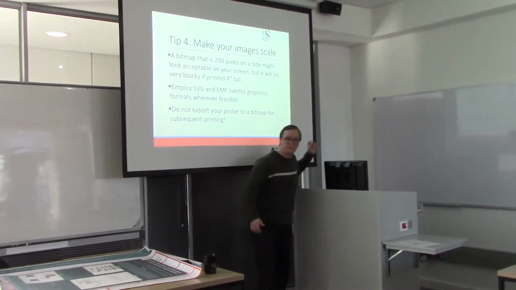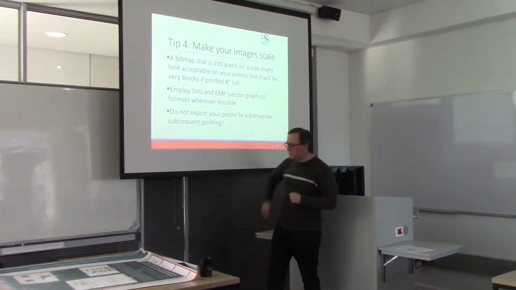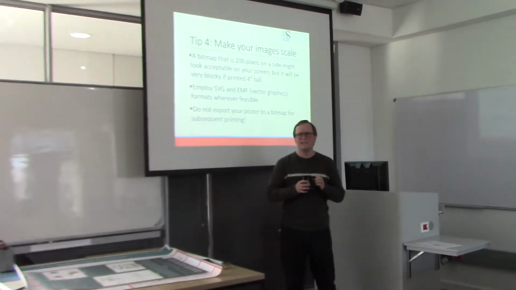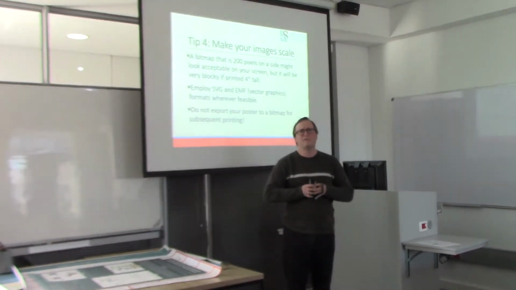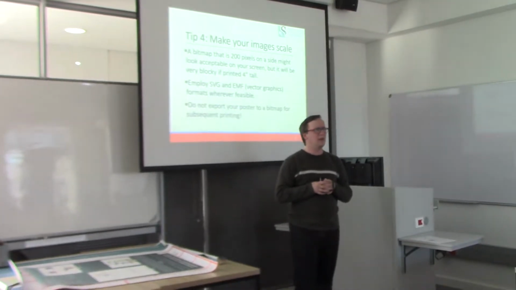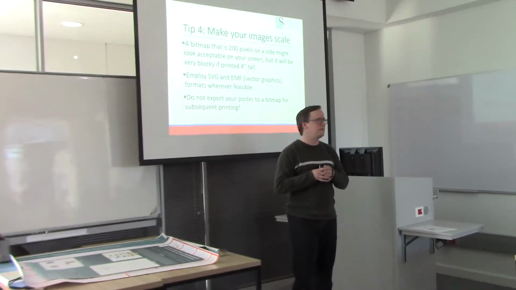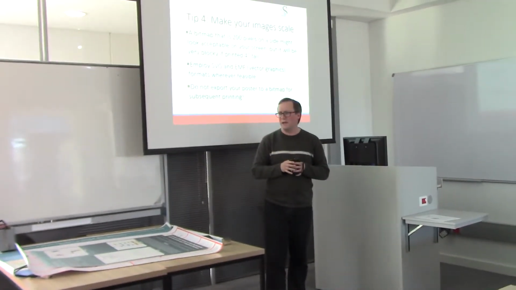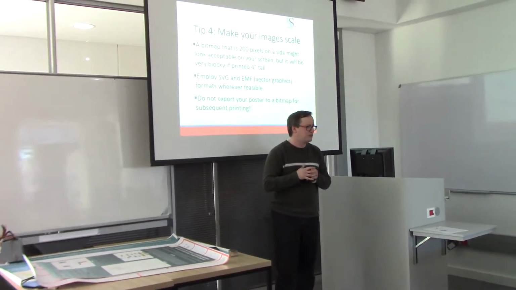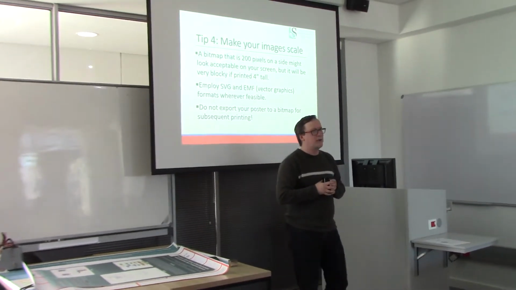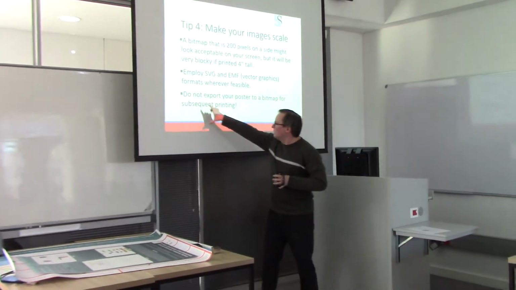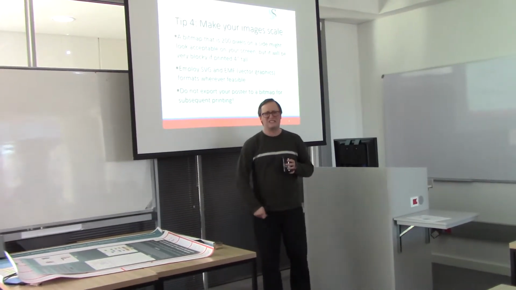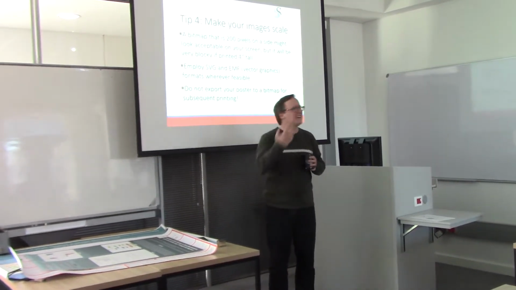Okay, on we go. So make your images scale. This is kind of a hard concept to discuss, but let us imagine that I'm using a photograph of my collaborator, and I took it from his or her faculty page. The photograph that I got from the faculty page is about 200 pixels tall. When I cause that image to look 4 inches tall on my poster, I suddenly realize it looks terrible. It looks like this person has acne all over.